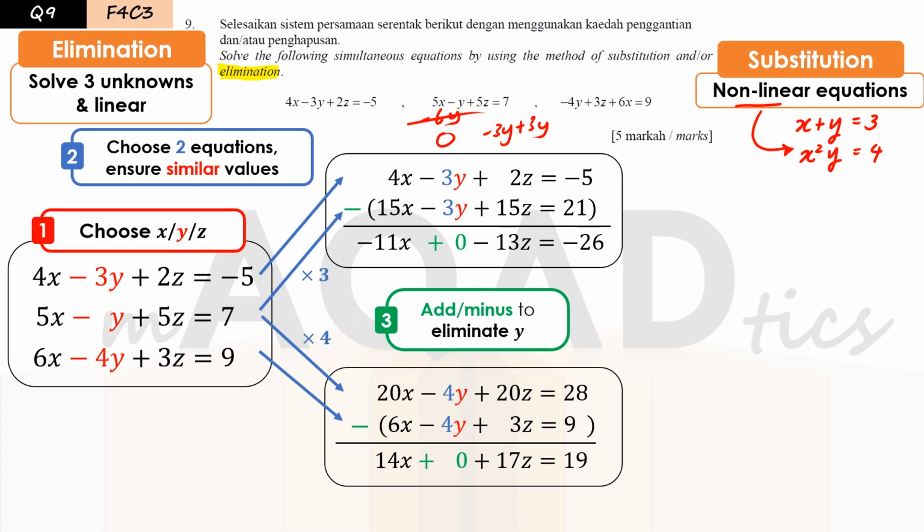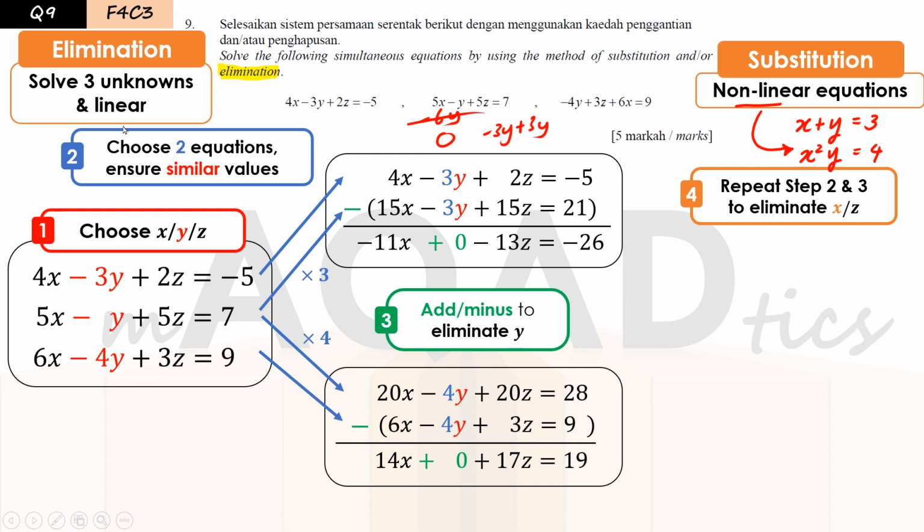So now we go another step further, which is to remove the second unknown. If you look at here, there are no values which have 1. So either we eliminate x or z, the steps will be almost the same. Let's say here we eliminate x. The fourth step is to repeat steps 2 and 3 to eliminate x.